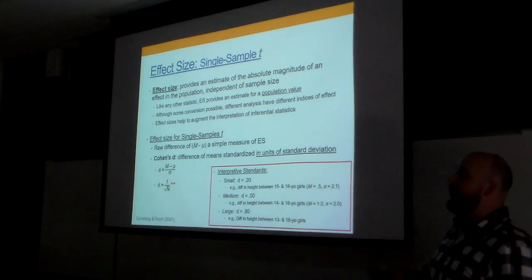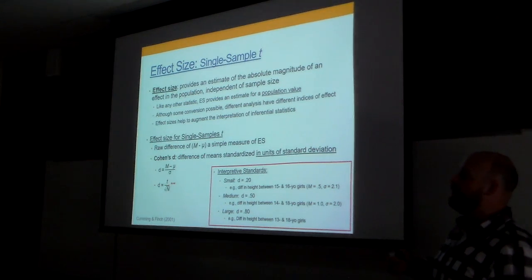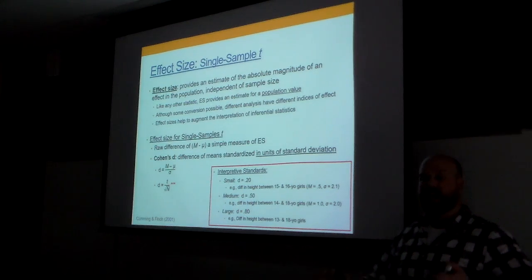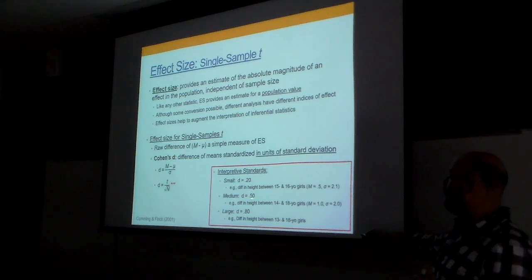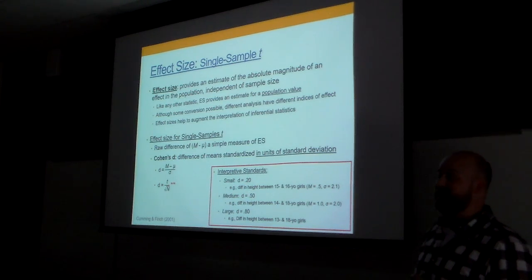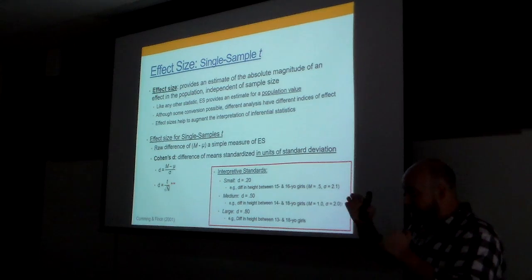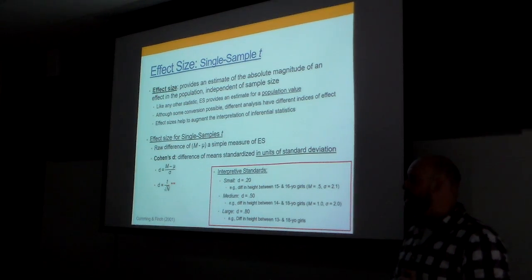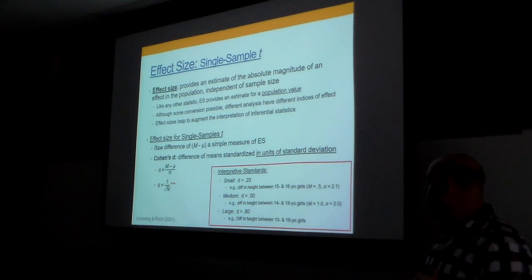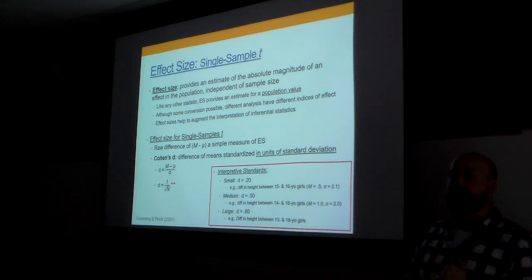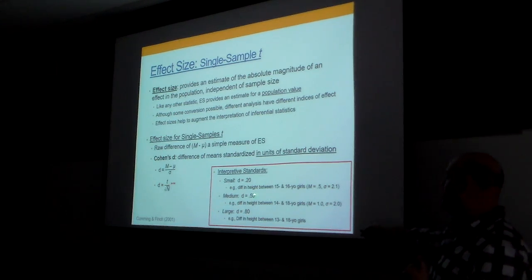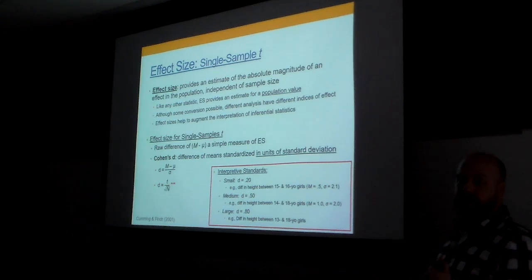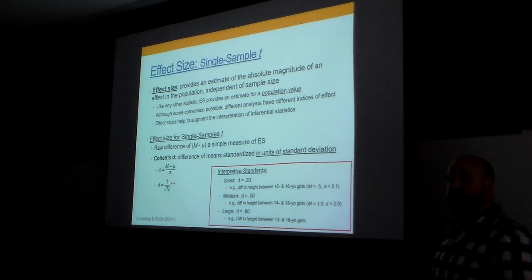But what we have are some standard benchmarks provided by Cohen that say, hey, these are generally things we can think about in terms of small, medium, and large effects. Again, I cannot emphasize these are not bright lines, right? An effect size of 0.49 and 0.51 are not different from one another. They're the same magnitude. Yes, one falls below the cutoff for medium, but not by much, right? So use these loosely.